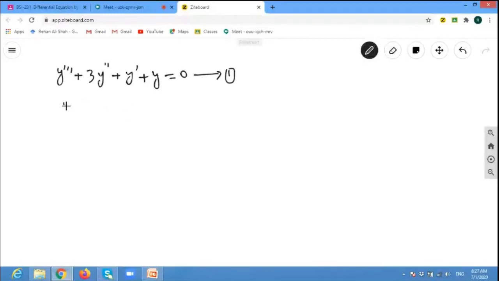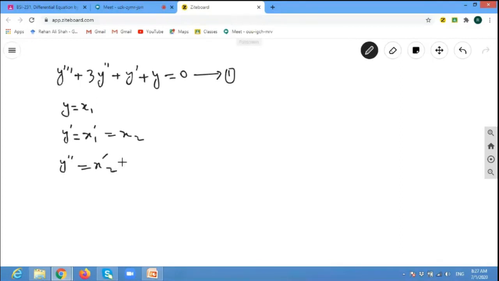I am taking y is equal to a variable x1. So y dash will become x1 dash. Let x1 dash be equal to x2. So y double dash will become x2 dash.